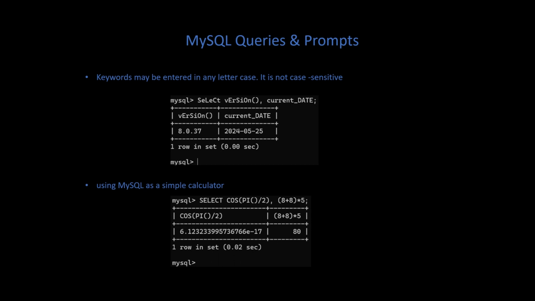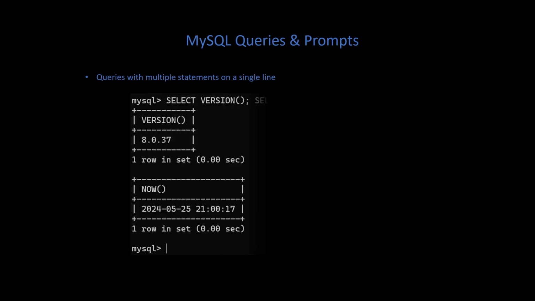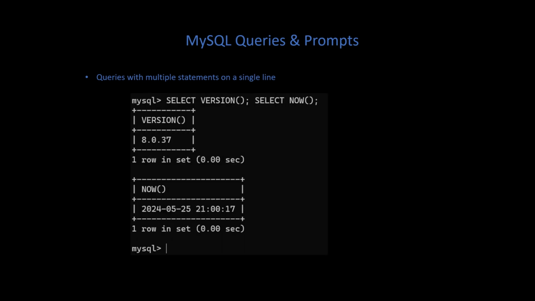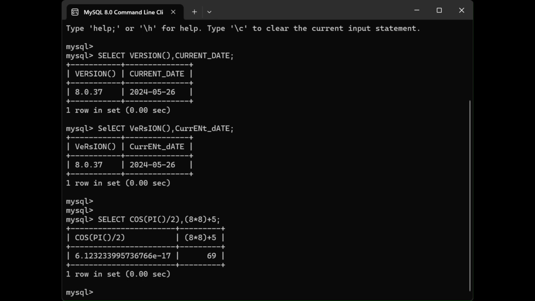One thing to note here is that both of these queries are single line statements. There might be a query with multiple statements on a single line, as you can see in this example. Let's use multiple statements on a single line. I type SELECT VERSION(); and close this statement, then type SELECT NOW(); and close this.